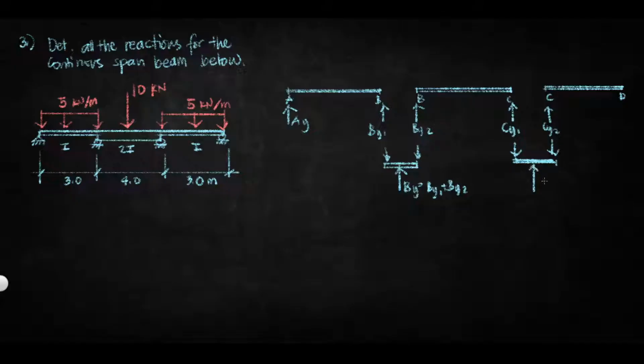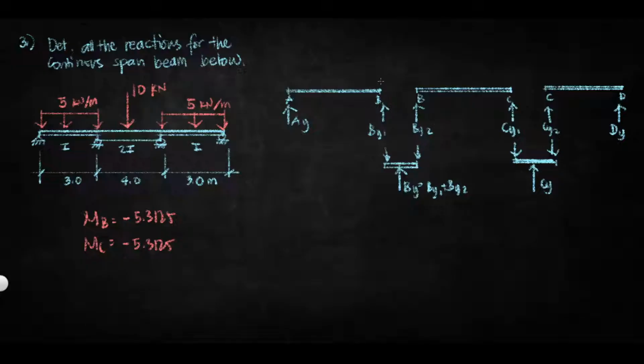This is your CY. Okay? Then this is your DY. Then we can now input yung nakuha nating MB and MC. So, para silang negative 5.3125, negative 5.312.